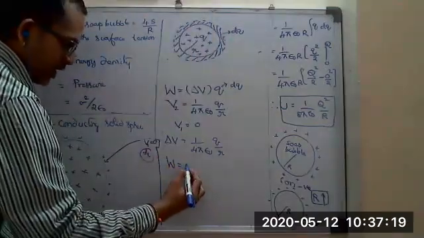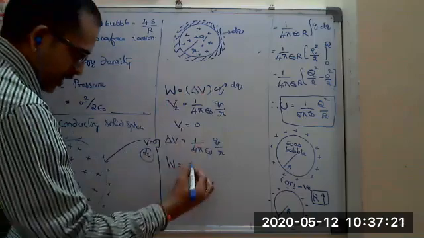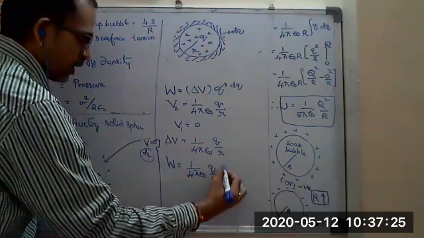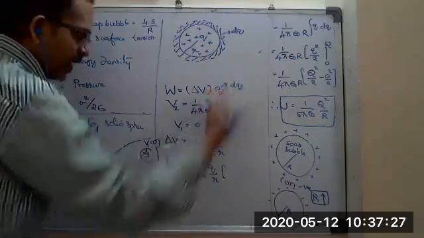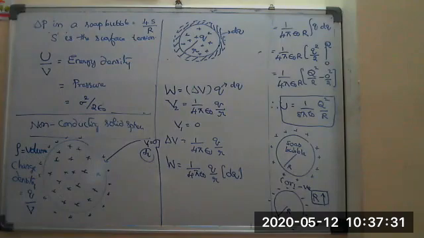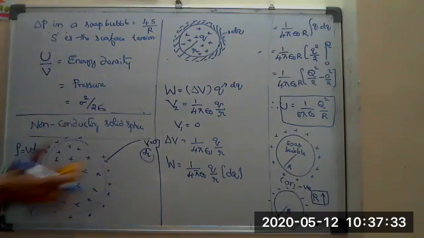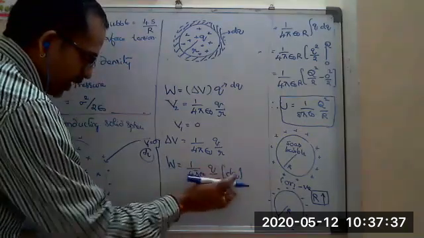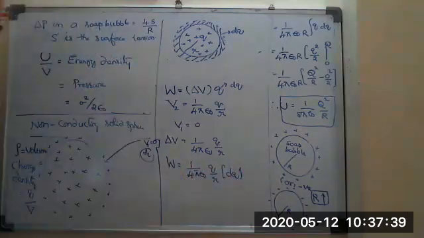Therefore, work done equals delta V, q by r, into dq. There, if you are able to find dq, later q dq, these two being variables, we have to integrate.